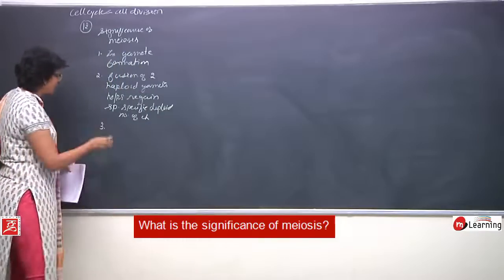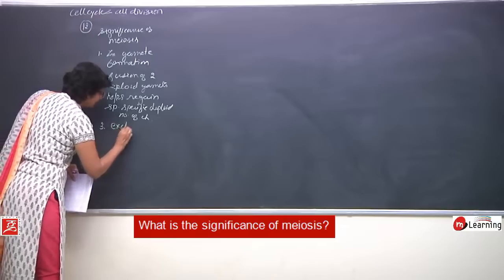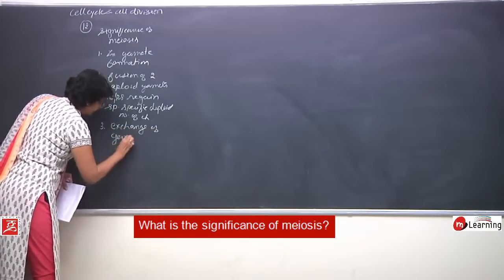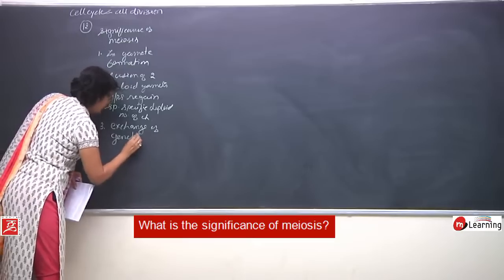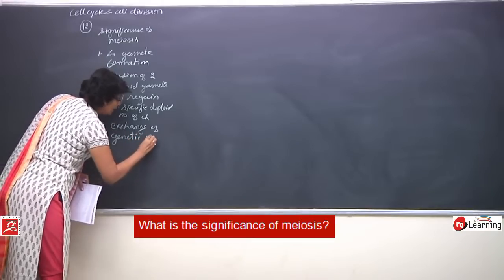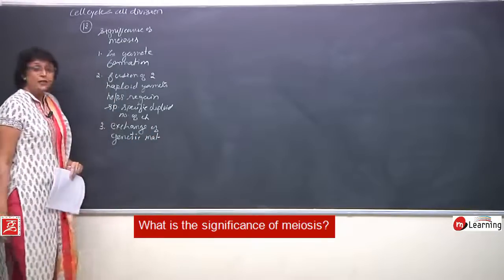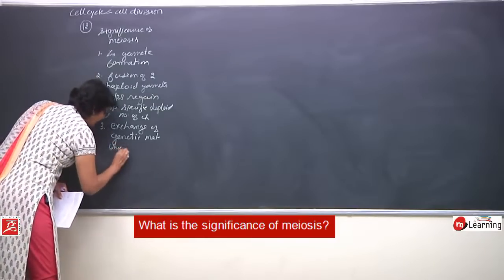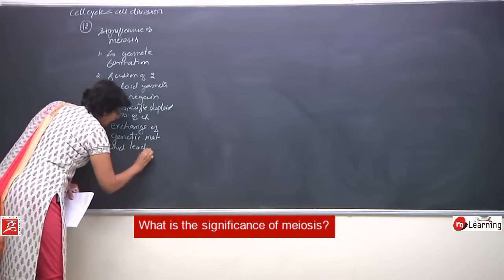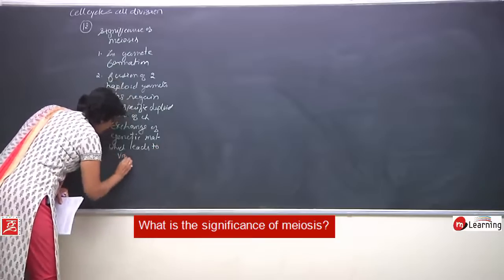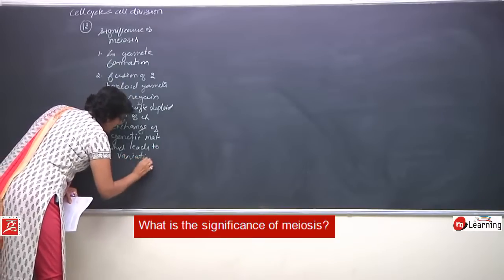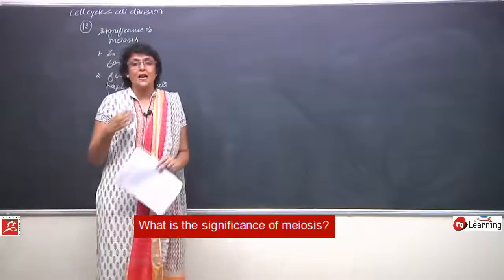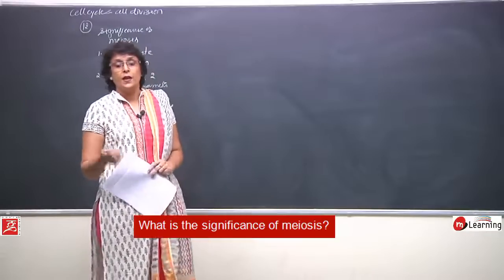So, exchange of genetic material leads to variation. Basically, these variations make us different from each other.